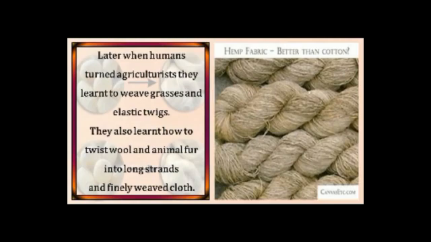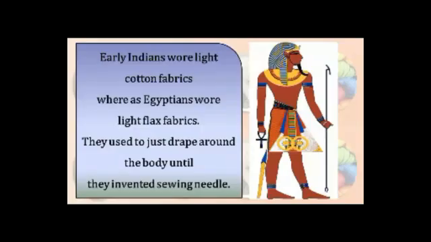They also learned how to twist wool and animal fur into long strands and finely weaved cloth. Early Indians wore light cotton fabrics, whereas Egyptians wore light flax fabrics. They used to just drape around the body until they invented sewing needle.